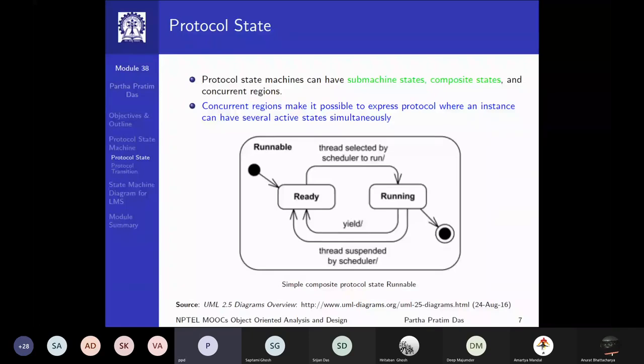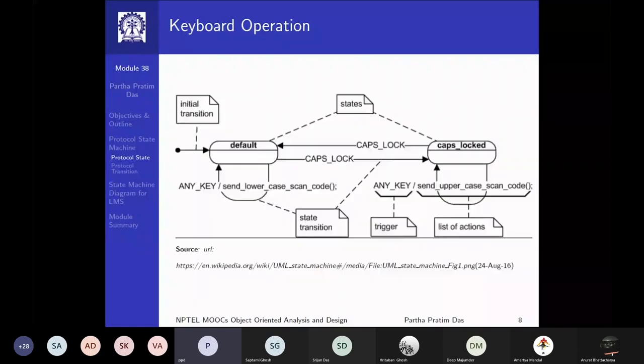So when you want to detail, you can have a behavioral state machine and then refine it to a protocol state machine as well, or you can directly do a protocol state machine if that's the main emphasis. For example, here you can see for the keyboard operation we are showing a protocol state machine more because the states are blank, just the names are given, default, caps lock.